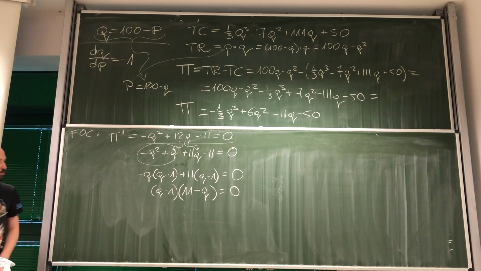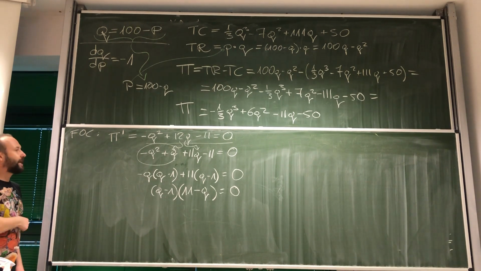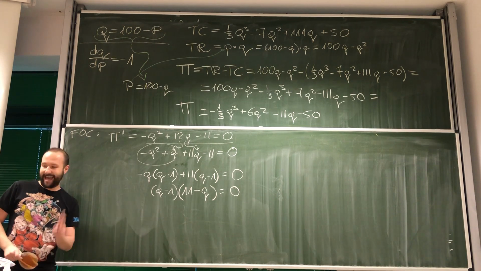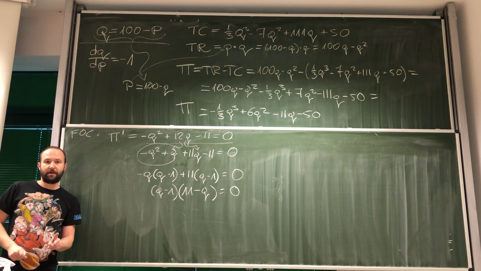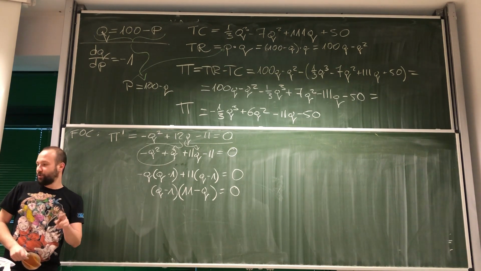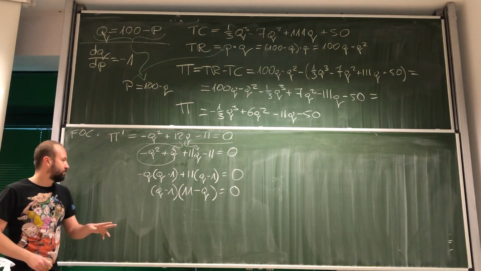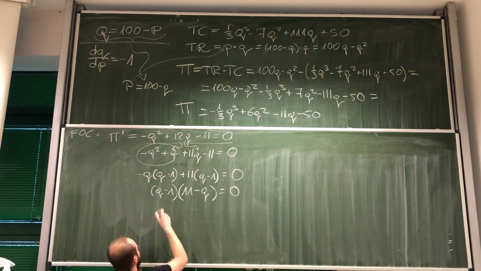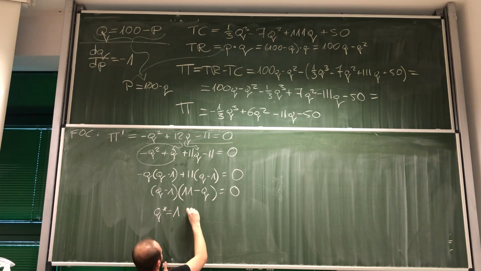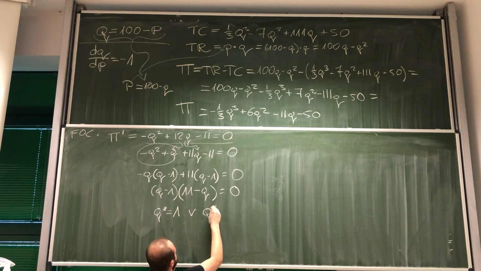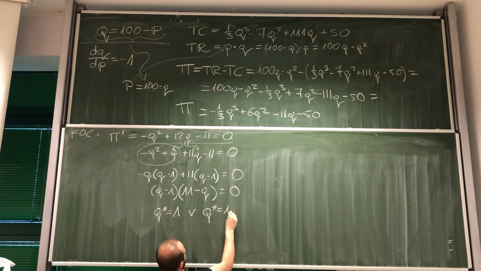And look, out of this, right away we see that we will have two candidates for maximum over here. First candidate is going to be q equal to 1, and the second one, q equal to 11.